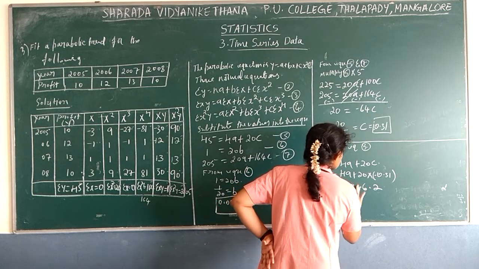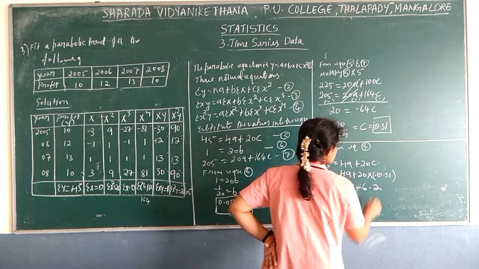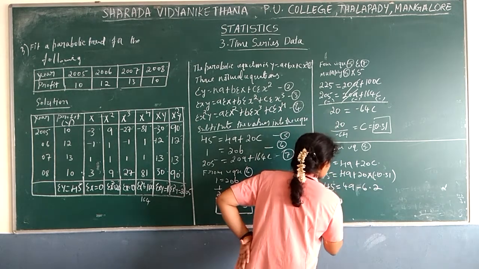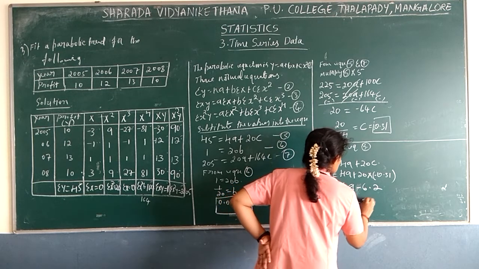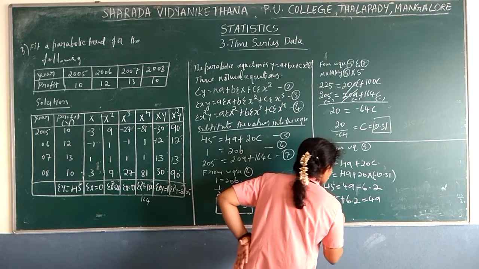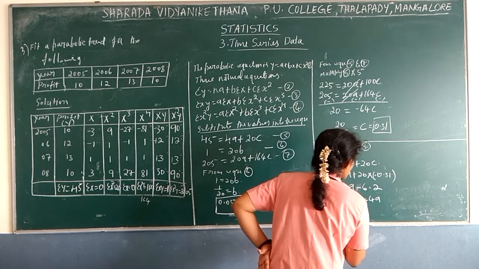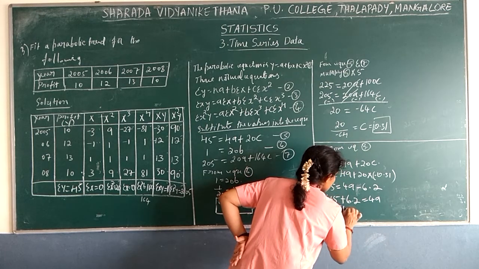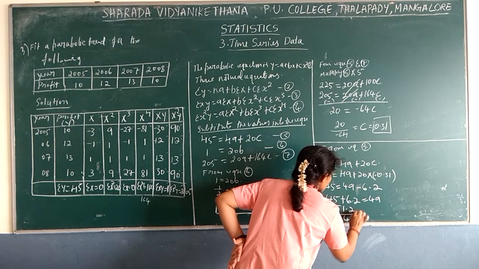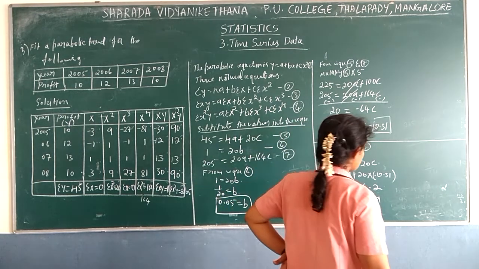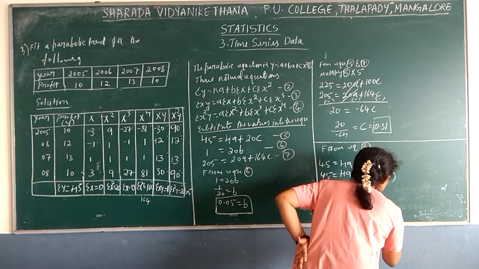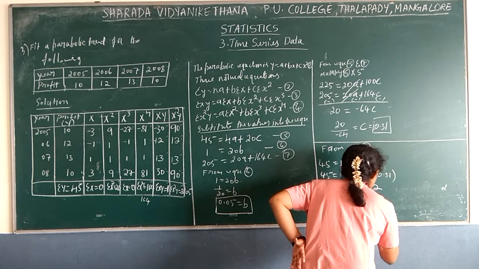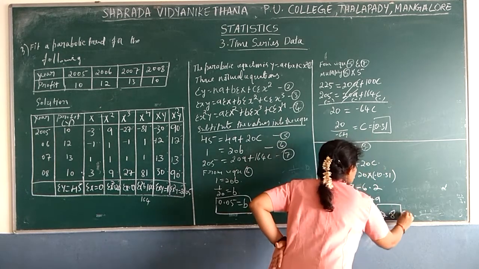This is minus here, minus 6.2. So 45, when it comes here, becomes plus, is equal to 4a. So 45 plus 6.2, that is 51.2, divided by 4 is equal to a. When we divide, we get 12.8. So this is the value of a.